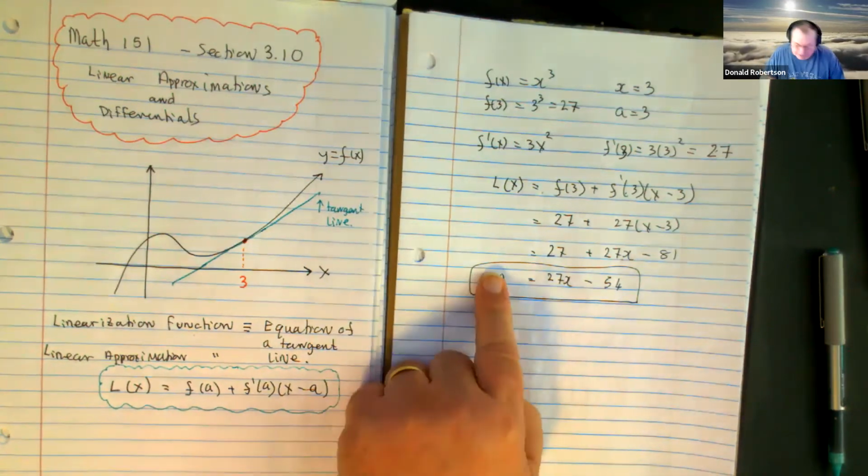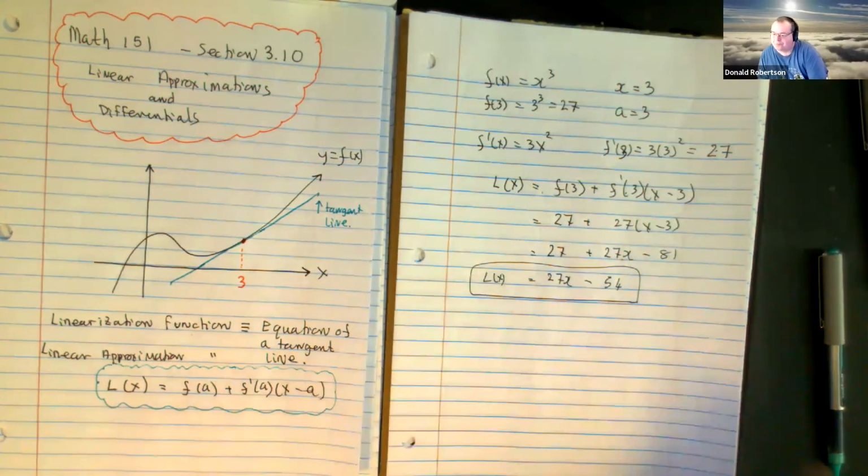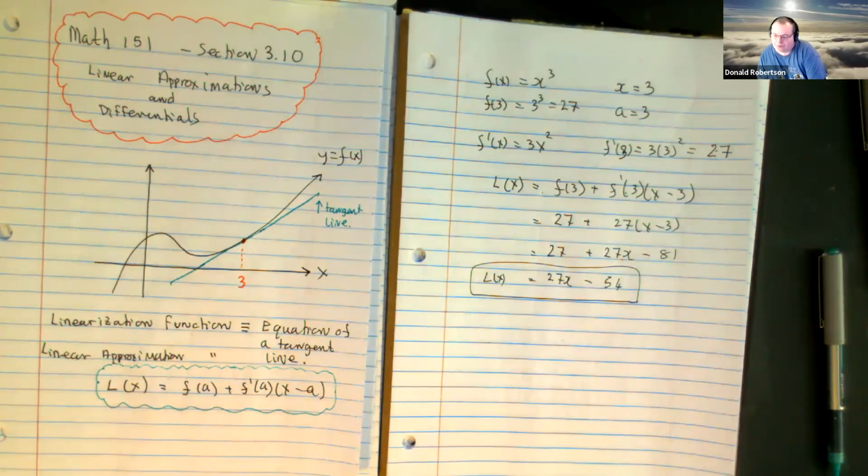And if you call that y equals, don't you also have the equation of the tangent line? So far, so good. So we are going to be looking at calculating, for no good reason right now, the linearization function.